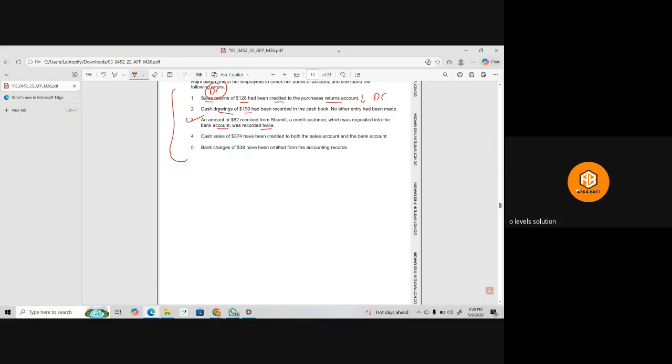It means that we recorded the bank account 2 times, so we will credit the bank account and then on the debit side, we will write Shamili, because we did this twice.